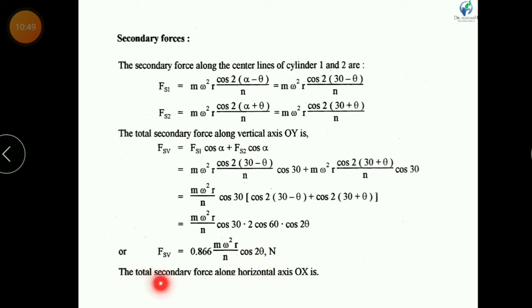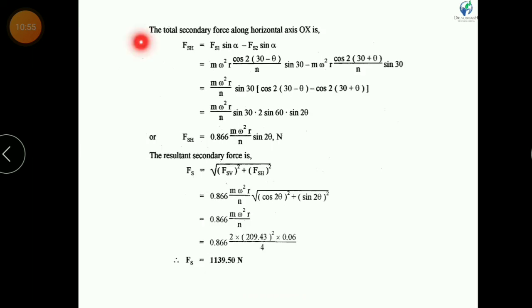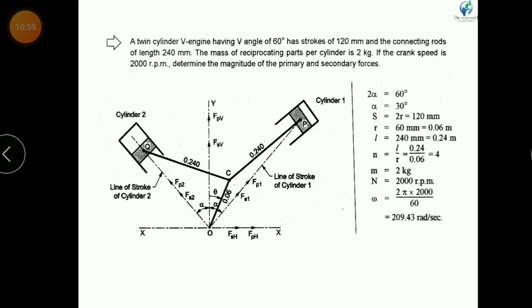Now we consider the secondary forces acting along the horizontal axis. FS1 sin α acts in this direction and FS2 sin α acts in this direction.